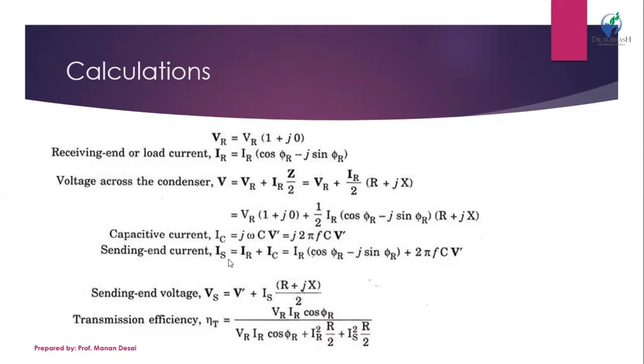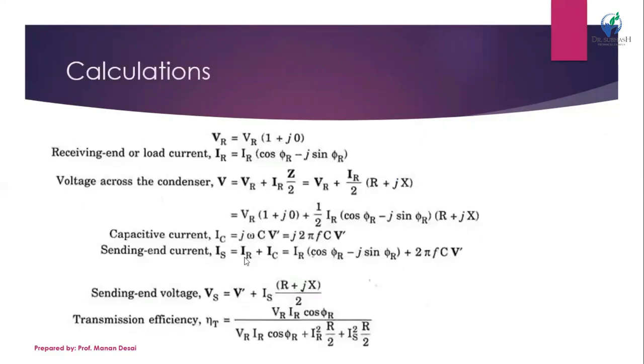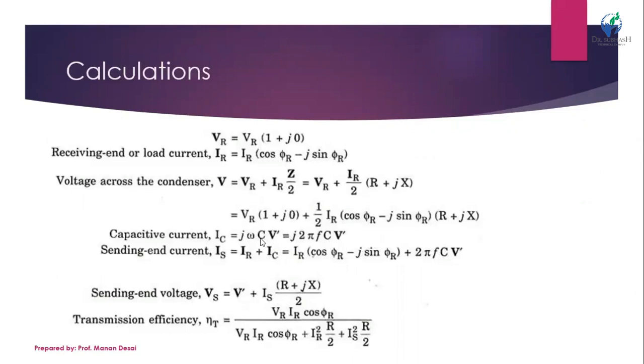Now IS is IR plus IC, that is, the receiving end current plus the capacitive current.